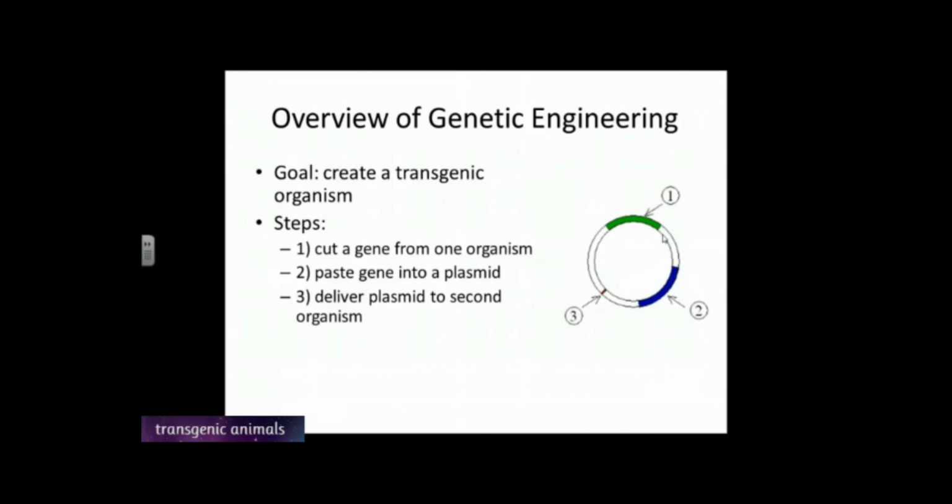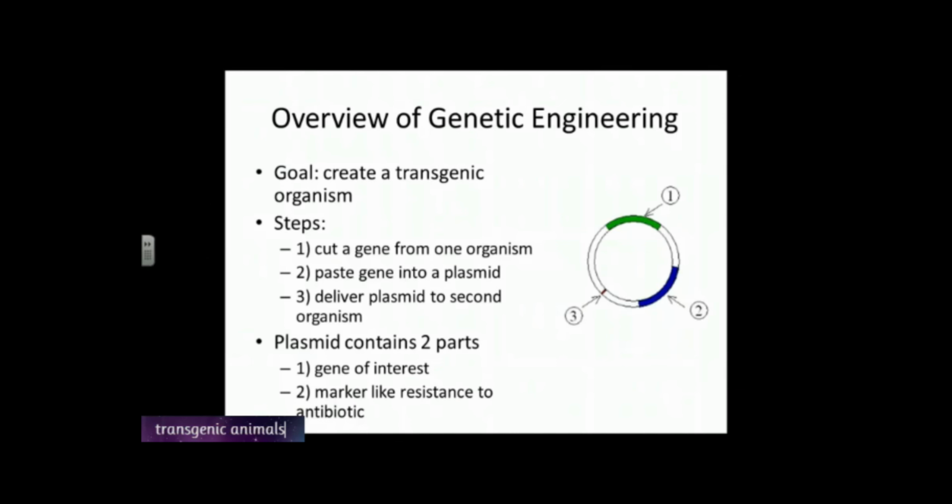So taking this little circular piece of DNA that contains your gene for large hands and putting that into a human. This plasmid, the circular piece of DNA over here on the side, contains two very important parts. The first one is the gene of interest, or the gene that we are trying to put into the new organism. So in this case, the genes for really large hands.